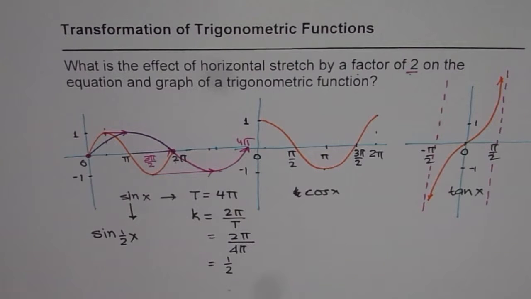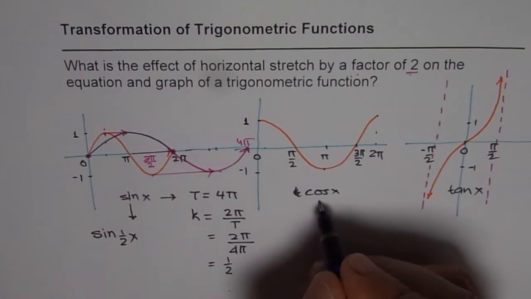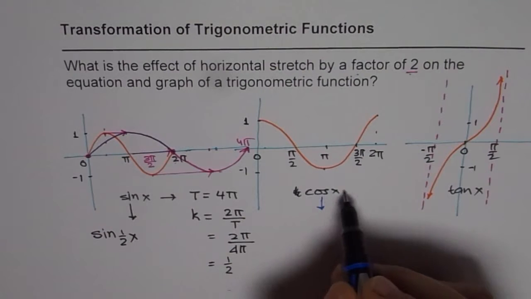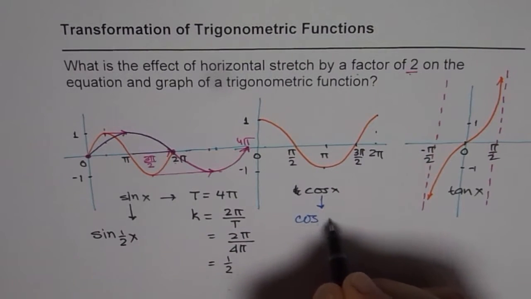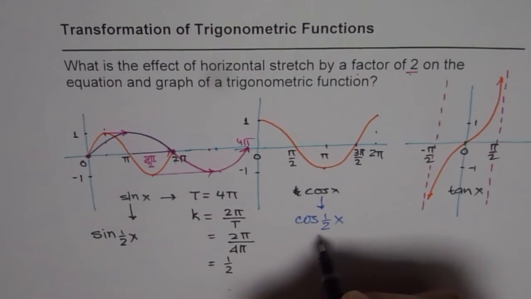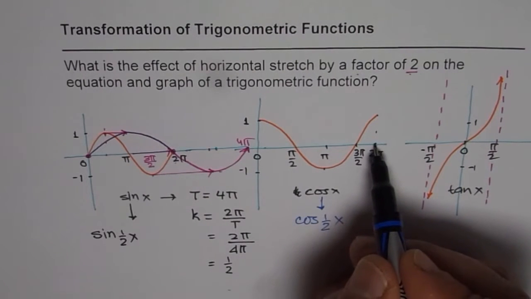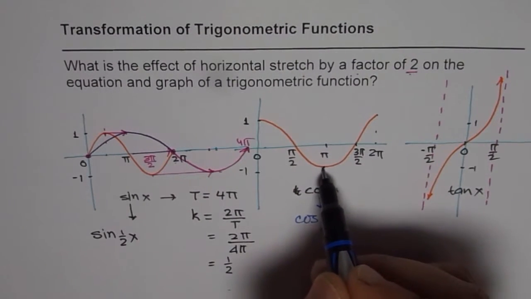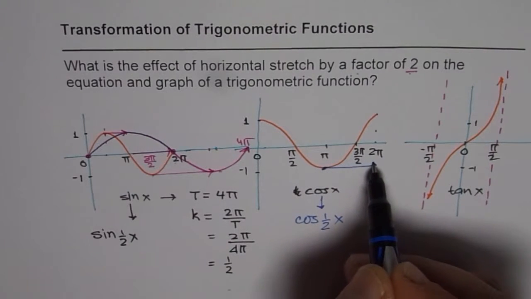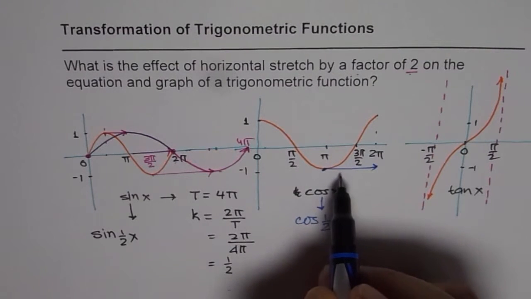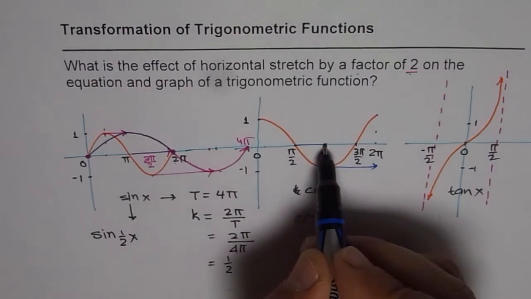So following the same logic, what will happen here? If I horizontally stretch it, it will become cos of half x. Do you see that? And all these things will stretch and we'll get only half wave within 0 to 2 pi. That means this point stretches to 2 pi. Do you see that? Right? Pi by 2 stretches to pi.